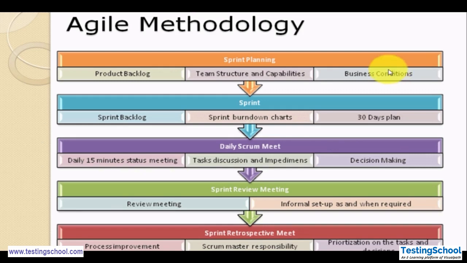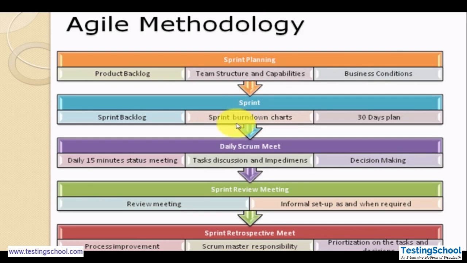But here we have product backlog, team structure and capabilities, and business conditions. Business conditions are nothing but the requirement document. Then we have sprint. A sprint is a time period in which we have to deliver certain functionalities.